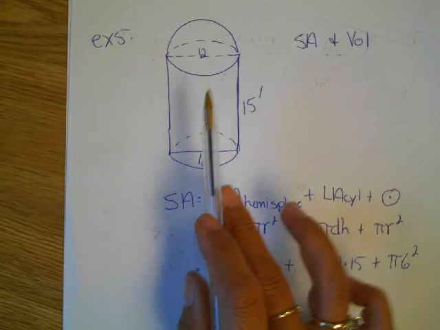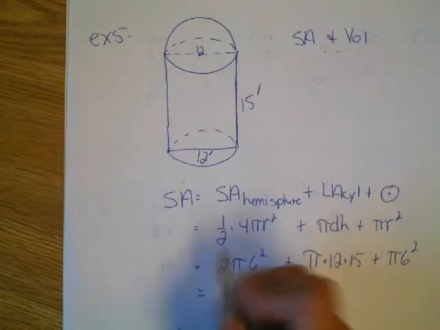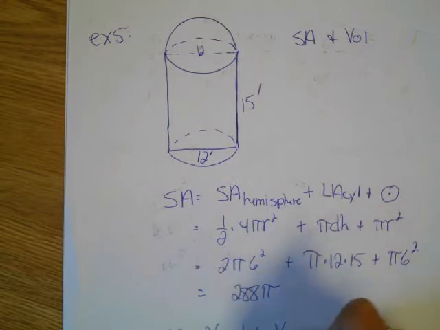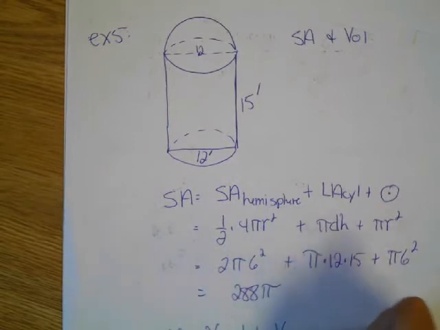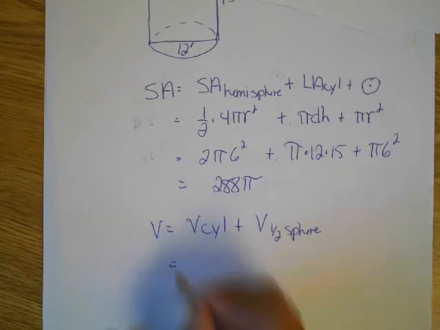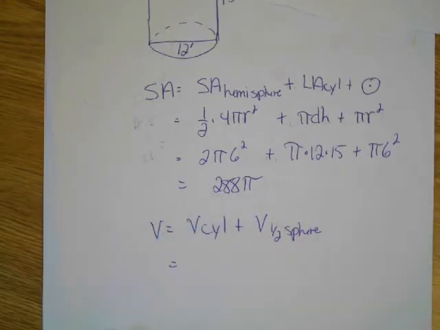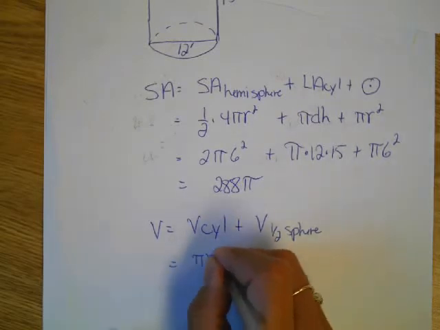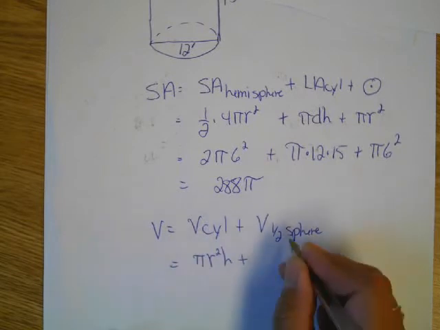And now volume of this composite figure. If I look at my two shapes, I've got the whole cylinder to fill up, and I've got the volume of a half sphere, hemisphere. I did half sphere, so it's a little quicker. Last set of formulas. Volume of the cylinder is pi r squared h.